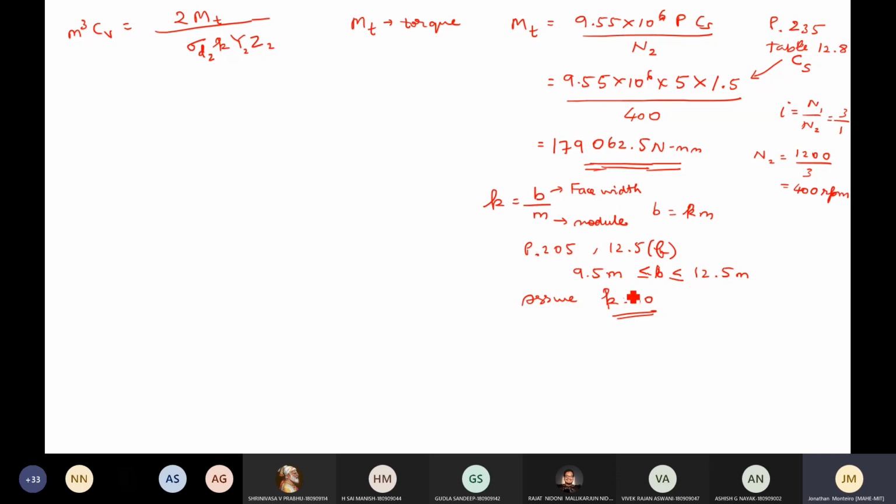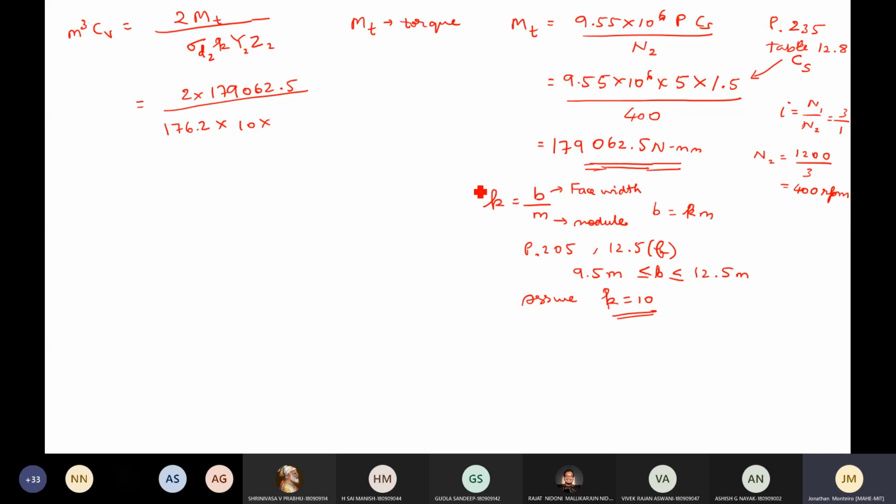So MT is done, K is done, Y is simply pi into Y, and that Y we have calculated already. Z2 is already done. So let us write this: 2 into 179,062.5 by sigma D2 value, which was 176.2 Newton per mm square, already taken. This is 10.